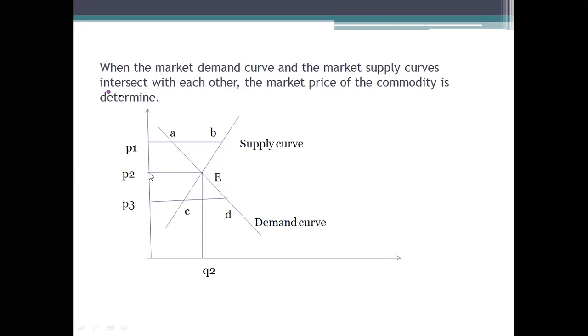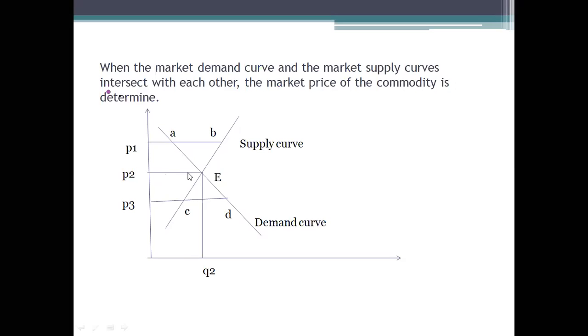So suppose the price of the commodity is P2. Then what is the amount of commodity demanded in the market? We have to join P2, because you remember, the quantity demanded is always determined only on the demand curve, not on the supply curve, because demand is the basic thing.